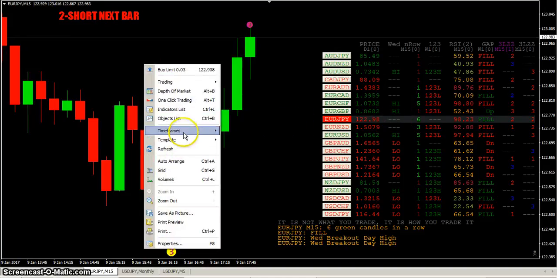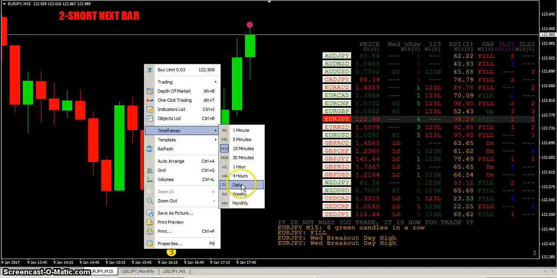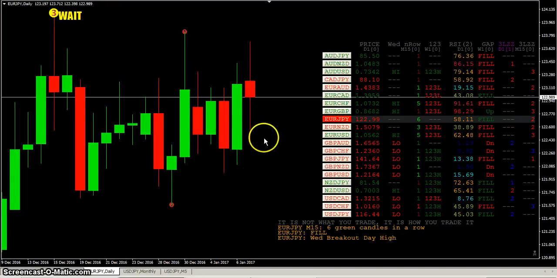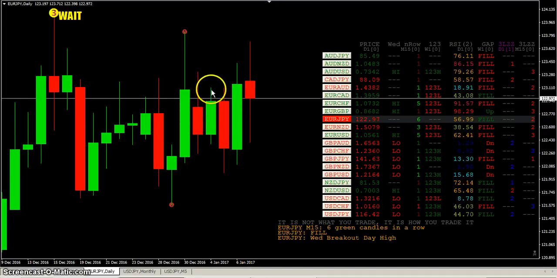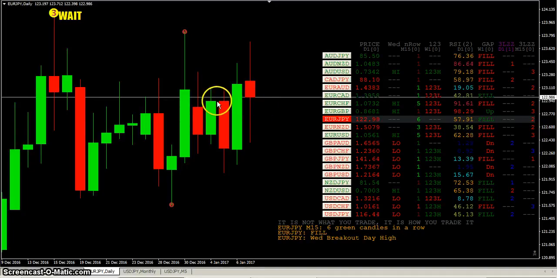We could look at it on the D1 time frame if we wanted. So we've got Monday, Friday, Thursday, Wednesday. You see here, it hasn't broken out of this Wednesday candle. Right now, it already broke out, but right now, no. It's still within the high and the low of the Wednesday candle.